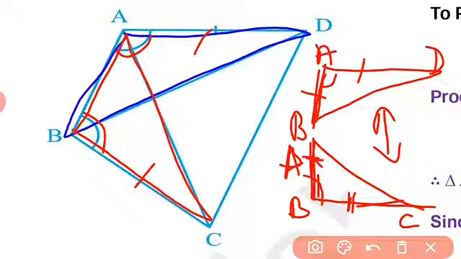Now, since these two triangles are congruent, another thing we have to prove is that AC is equal to BD. By CPCT, these two will be equal.